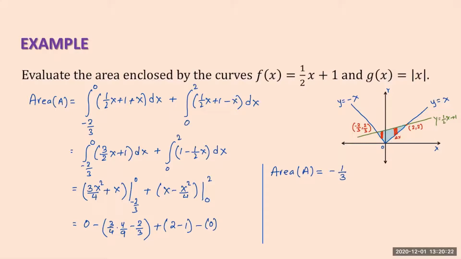Negative 1/3, and then negative and negative will be positive 2/3. And here plus we have 2 minus 1, that is 1. Which is equal to 2/3 minus 1/3 is 1/3, plus 1, which is equal to 4/3. So that is the area enclosed by these two functions f of x and g of x.